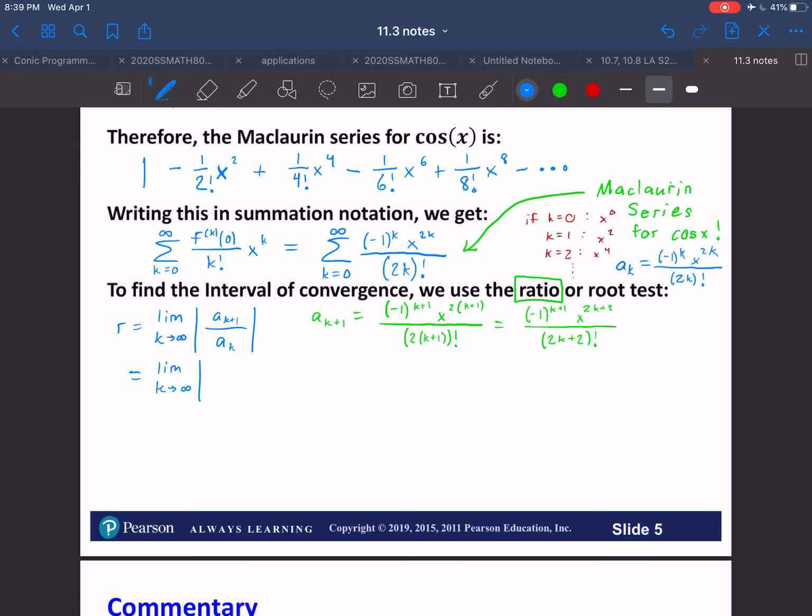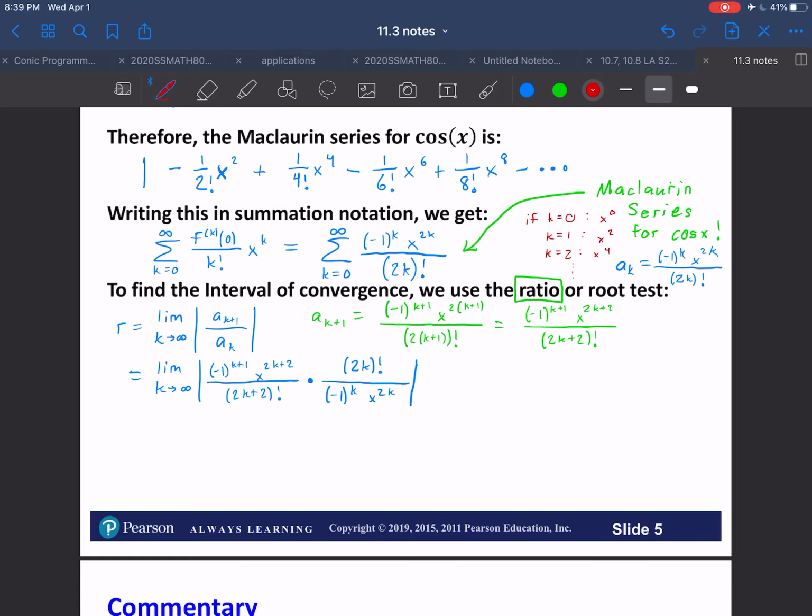Okay. So now let's substitute that in. We're going to have negative 1 to the k plus 1 times x to the 2k plus 2 divided by 2k plus 2 factorial times 1 over a_k. So in this case, that will be 2k factorial divided by negative 1 to the k times x to the 2k.